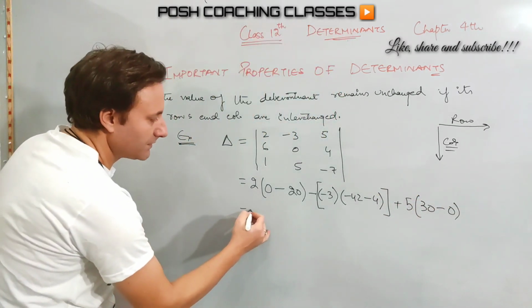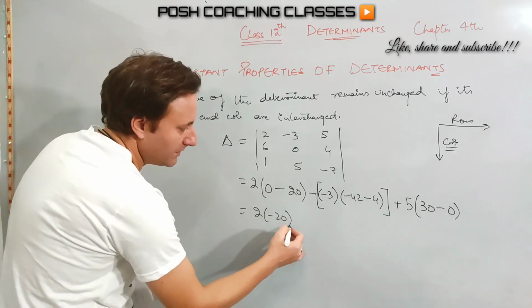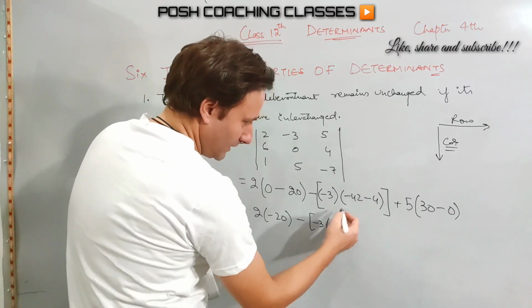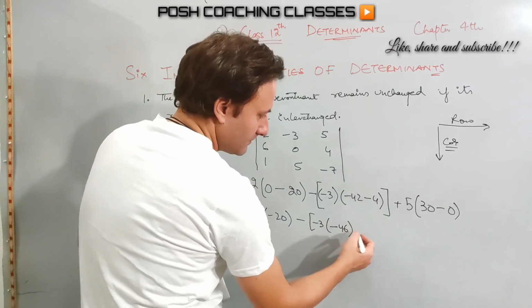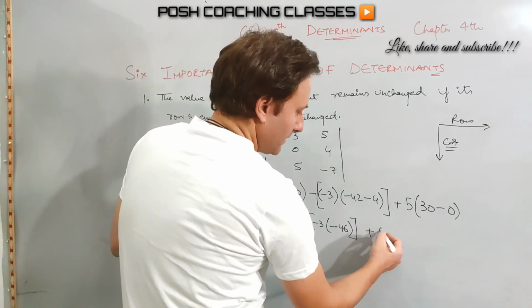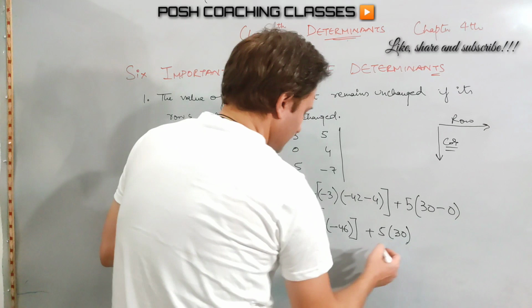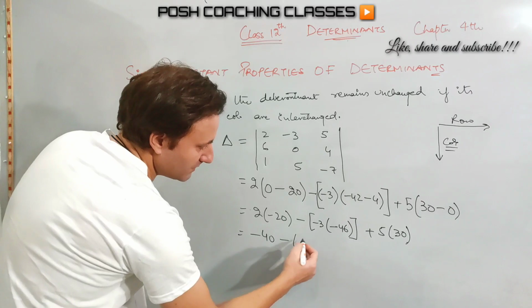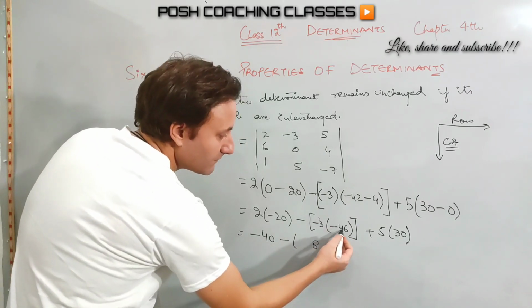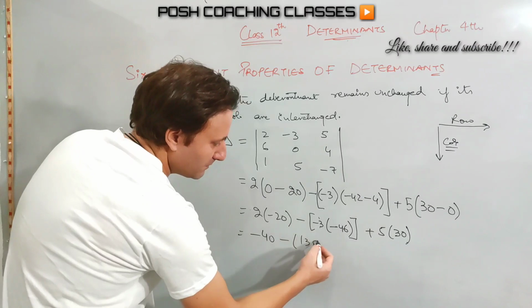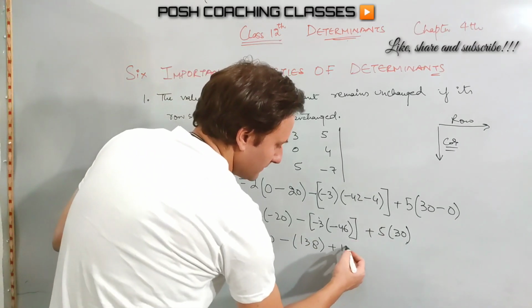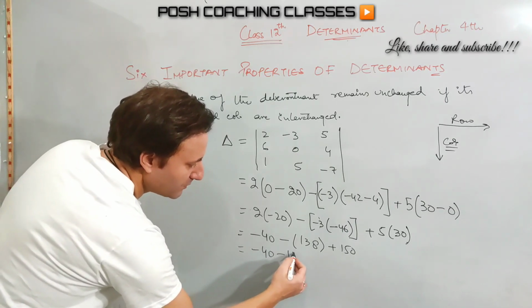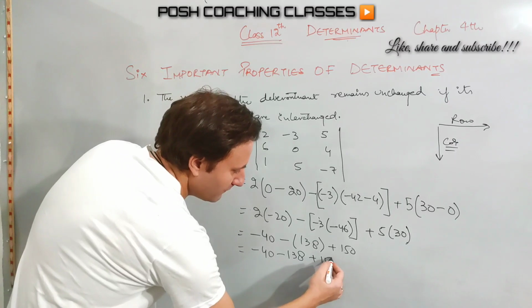So we have 2 times minus 20, then minus of minus 3 times minus 46, then plus 5 times 30. It is minus 40, minus 138, plus 150.